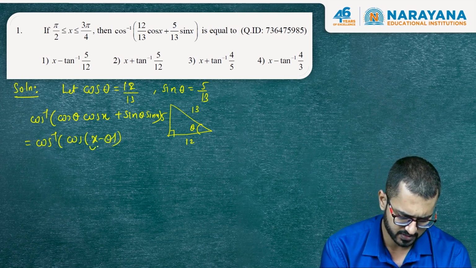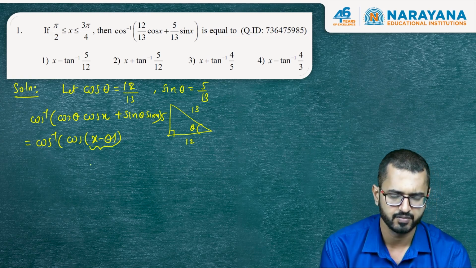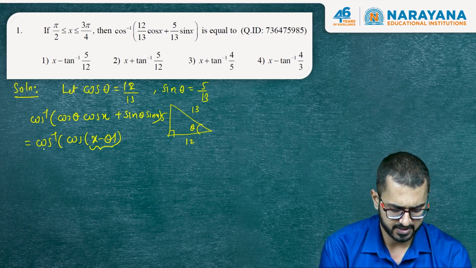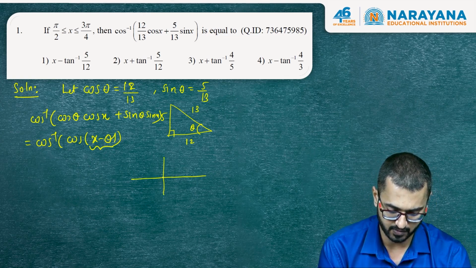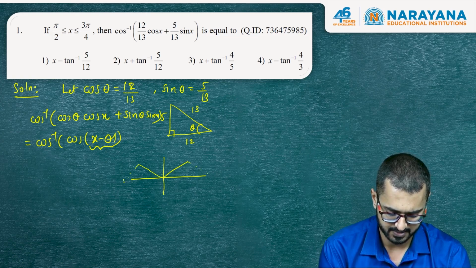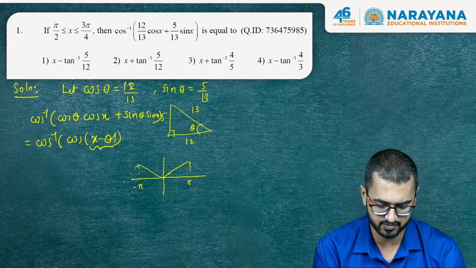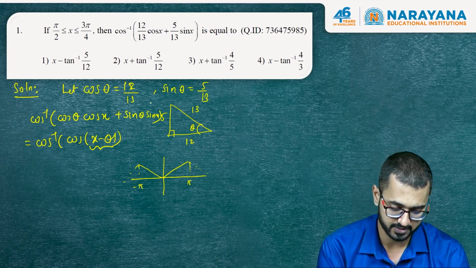So I just need to see where x minus theta is lying, because the ultimate goal is to check where it is, as we are taking it out from cos inverse of cos. So if you draw the graph of cos inverse of cos, this goes this way. Now this is my pi, and this is minus pi. So I want to see whether this is lying on the left or to the right. For this, we'll just see where x minus theta is.